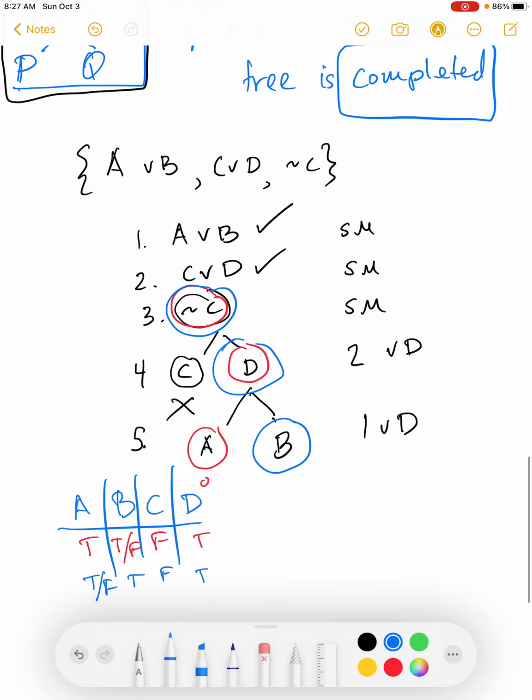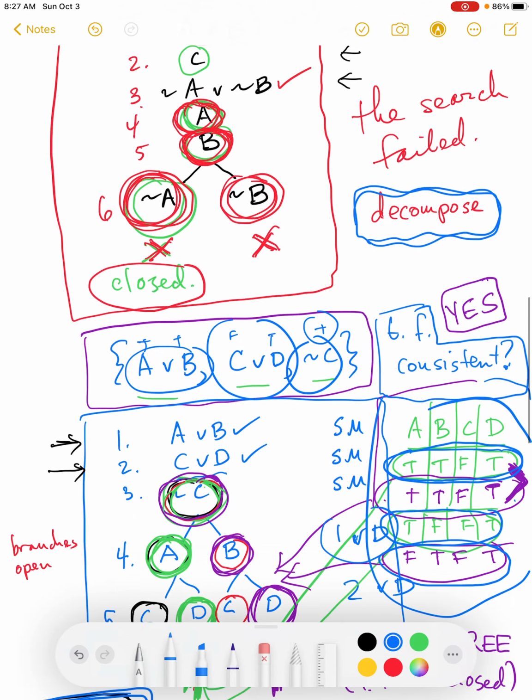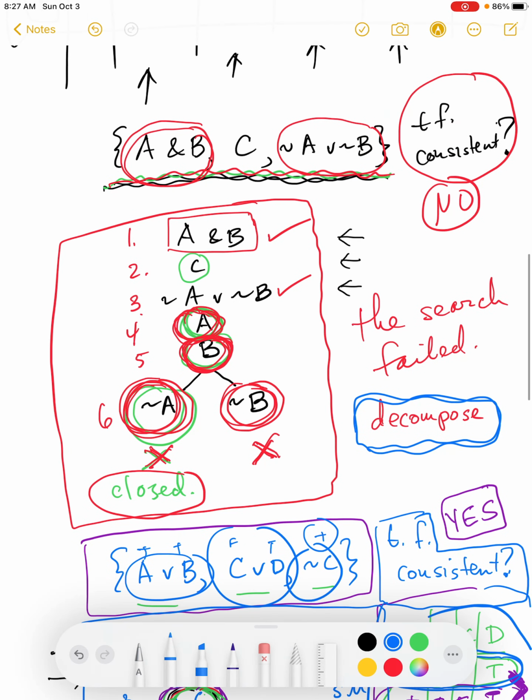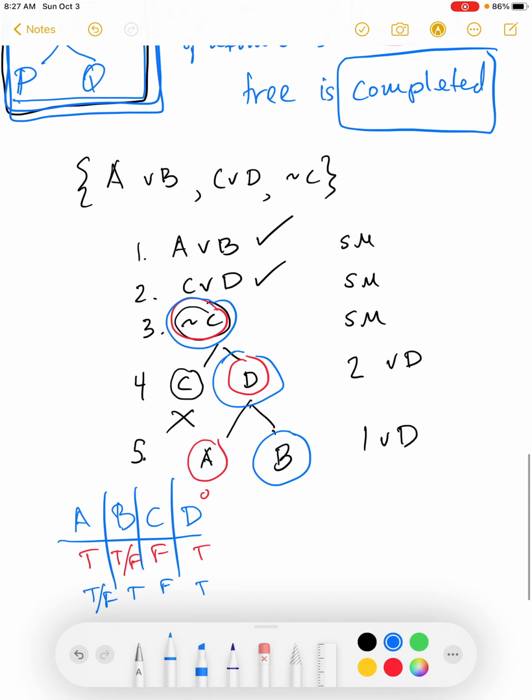Okay. One more thing I want to say before I end this lecture: we wrote down this decomposition rule so that we could use it when we construct trees. There is a decomposition rule that we used in our initial tree. Remember up here when we decomposed A and B, we said that a conjunction is true when both conjuncts are true. So we were implicitly applying conjunction decomposition to line number 1. And so let me just write down that rule.